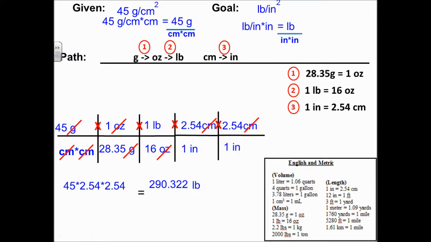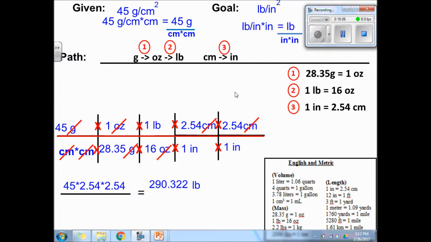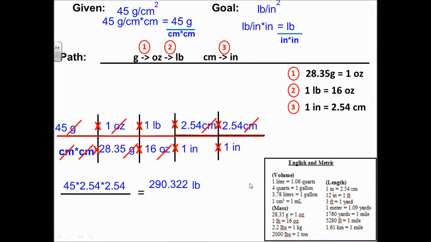Okay, top is done. We're going to divide that by everything on bottom multiplied together. So we're just going to have 28.35 times 16 on the bottom, which is equal to 453.6.